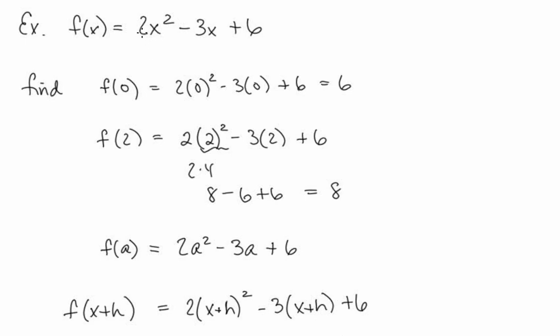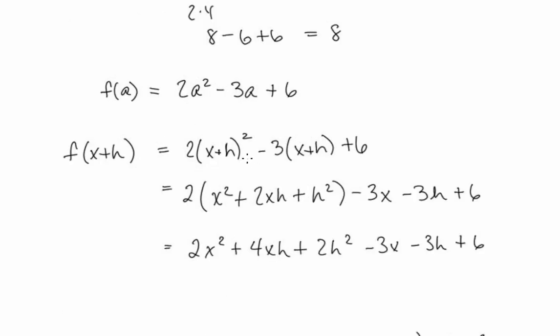So we're going to have 2 times the quantity x plus h squared, minus 3 times the quantity x plus h, plus 6. So we're here.